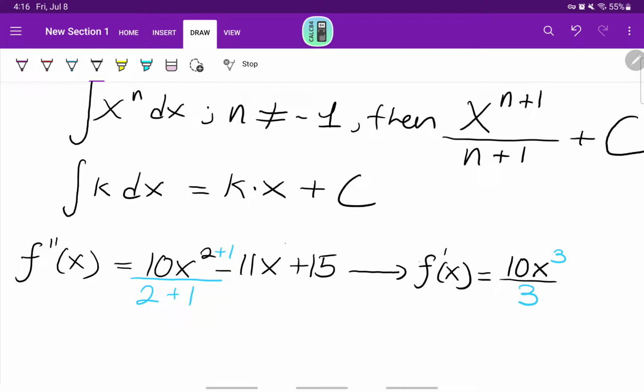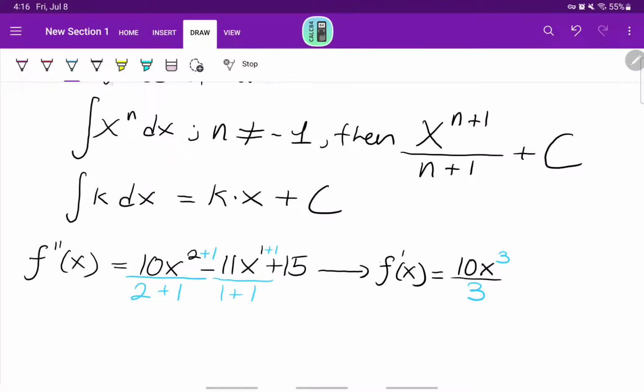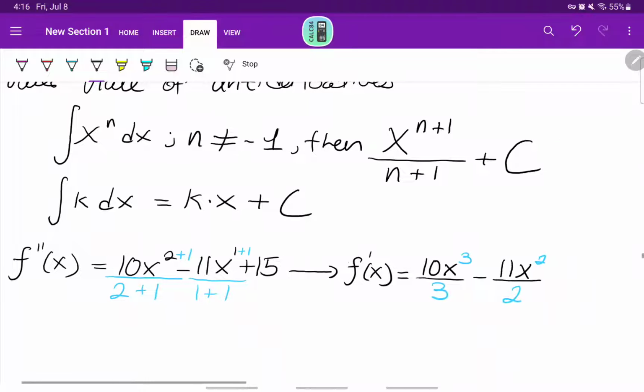Let's put a 1 right here. And we're going to add 1 to the exponent, and we're going to divide that by 1 plus 1. That is going to be minus 11x squared over 2. Plus the antiderivative of a constant, 15.